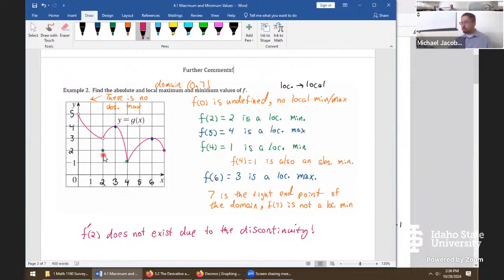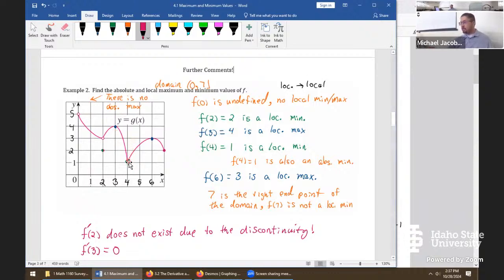So if you have a discontinuous graph, like we do right here, that means you can't even take the derivative. So we said f prime of 2 doesn't exist. But it does exist up here, right at 3. We have a horizontal tangent line, which means the derivative would be 0. So we can say here, f prime of 3 equals 0.